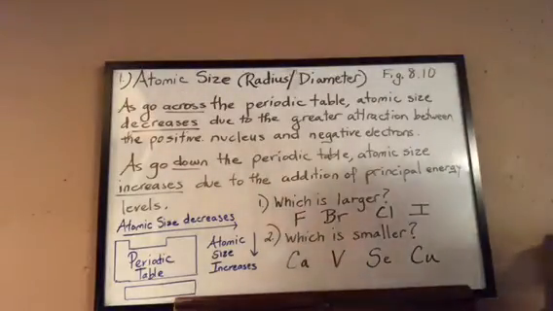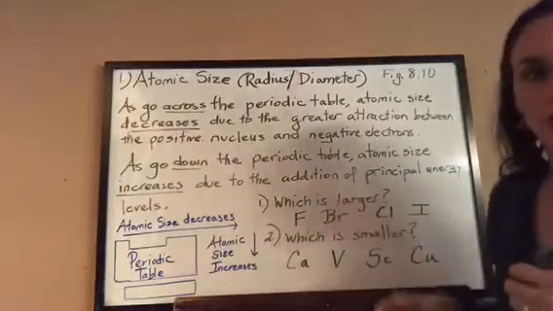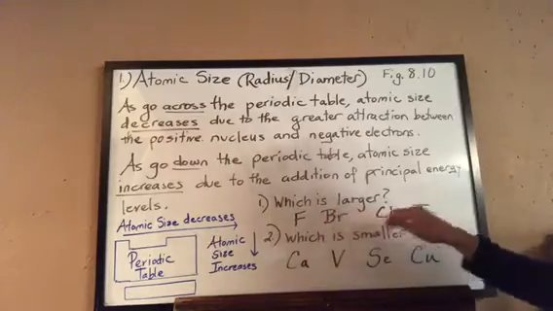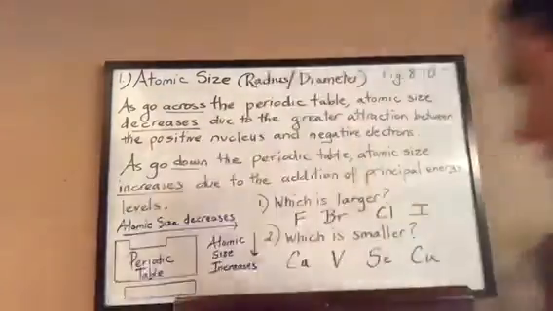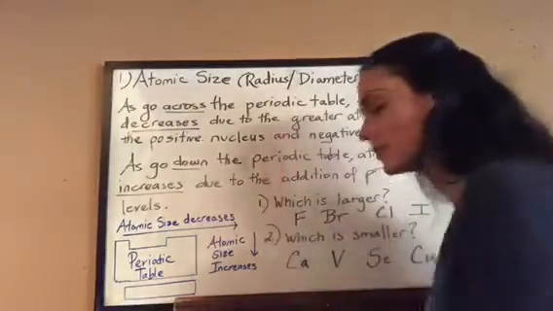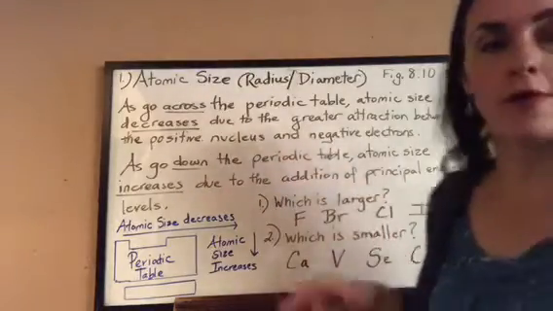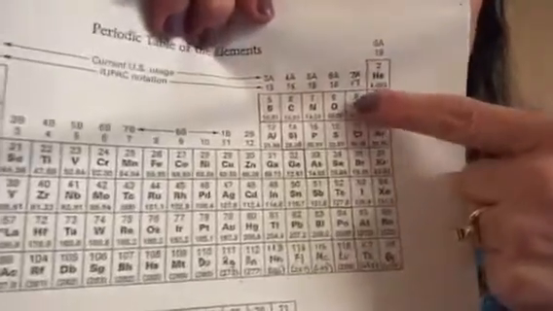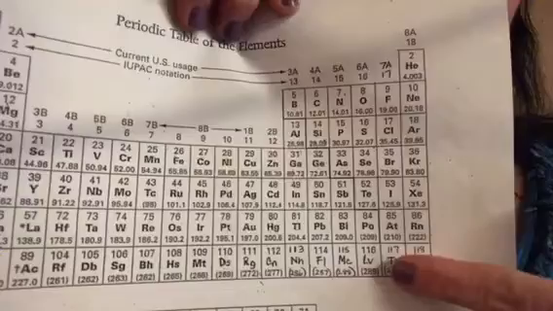Let's do a comparison based on these trends. Let's look at the halogens. Let's take four halogens: fluorine, bromine, chlorine, and iodine. And let's distinguish which one is largest. Well, the trend is that atomic size increases as we go down. These elements are in the same group, so we'll make the comparison very easily. As we go down the periodic table, the atomic size, atomic radius increases.